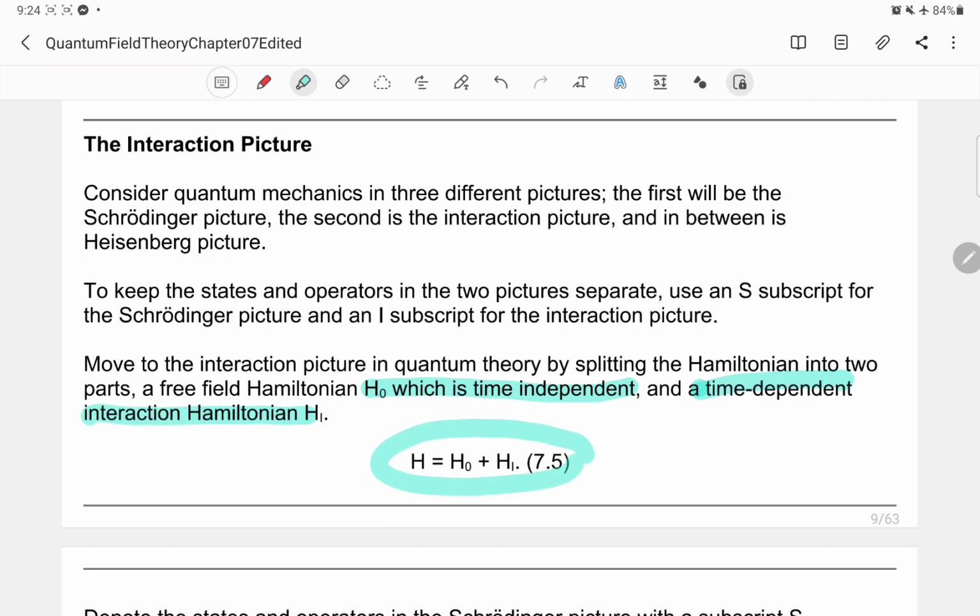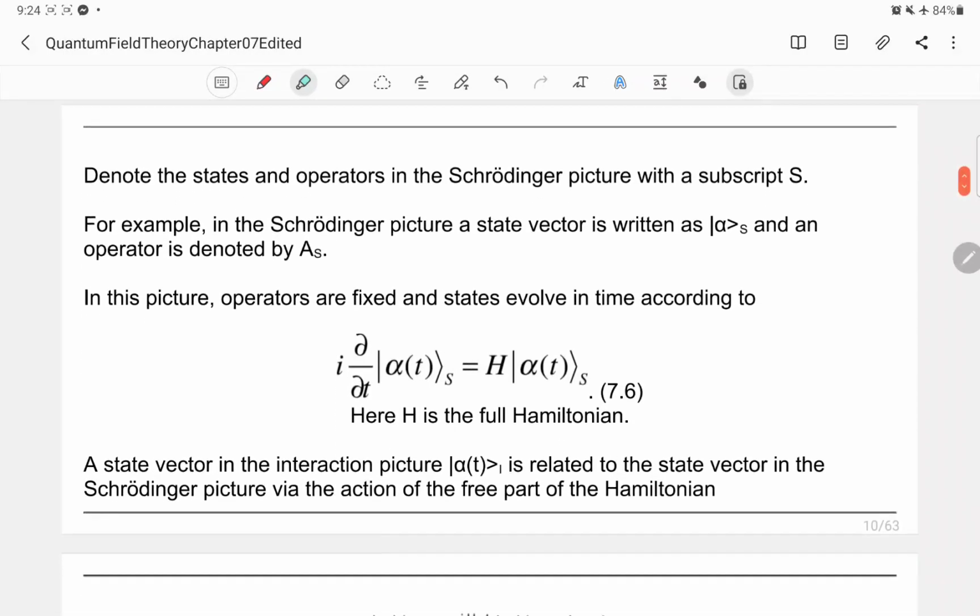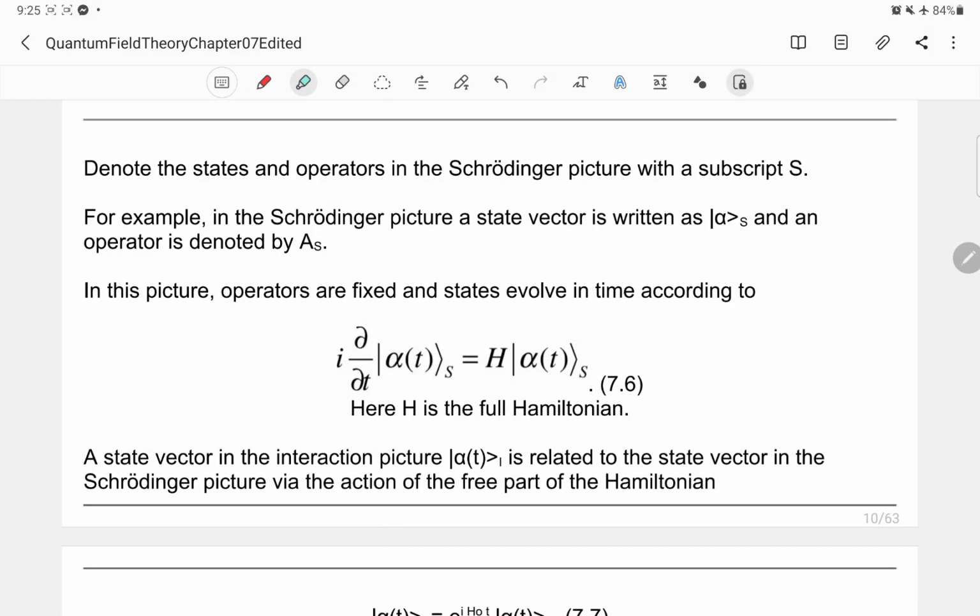So here it is. Now, the Schrödinger picture of a state vector is written as this, the ket alpha S, and an operator is denoted by AS.